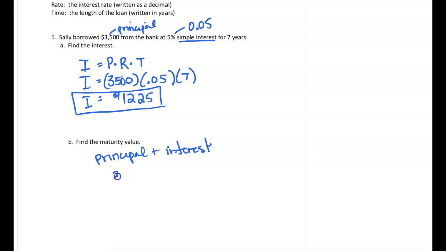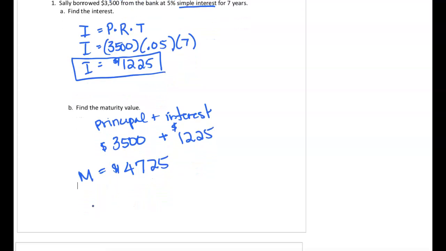The principal was the original $3,500 that you borrowed, plus the interest that accrued during the time of your loan, $1,225. Putting those together, the total amount you would pay back to the bank is $4,725.